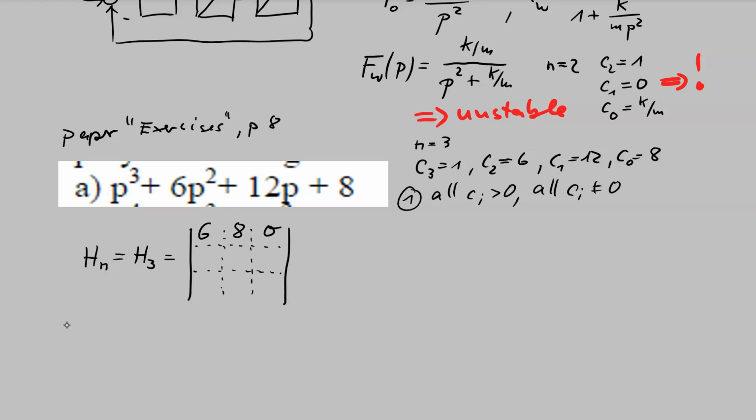Then starting with the highest coefficient, which is 1, and then the next is 12, followed by 0 since no other coefficient is available. Then the third line is the first line shifted one cell right, 6, 8, and now we are ready to calculate the determinant.